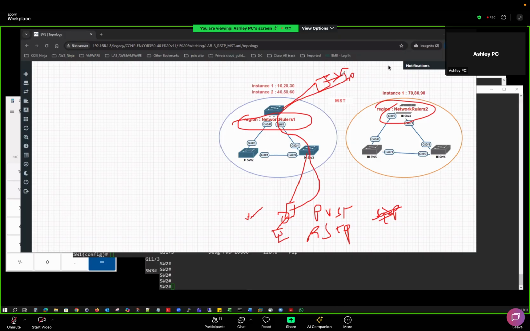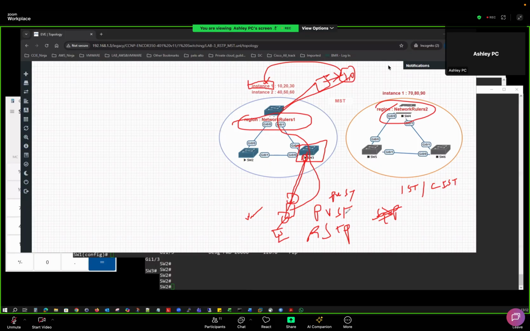Because it is bundled into one instance, instance one. And the broadcast coming right now is running PVST. So this port you make a trunk, this port you make a trunk, and the broadcast will go over there. Now this switch, which is the A switch, has to run IST or CIST. So this is the edge switch which is responsible.